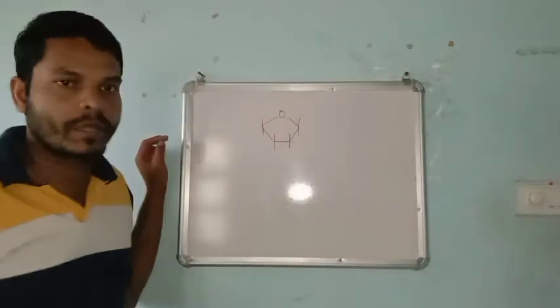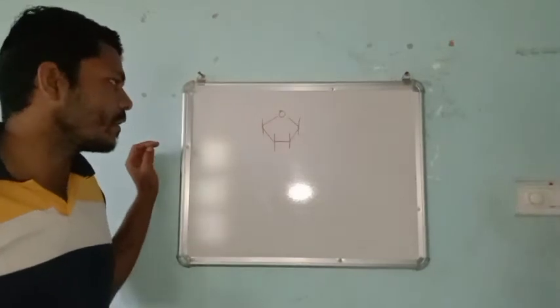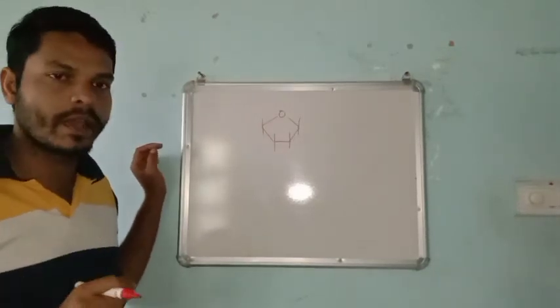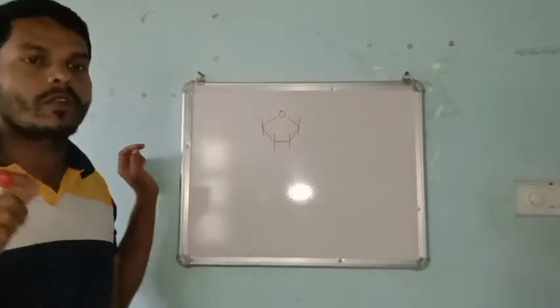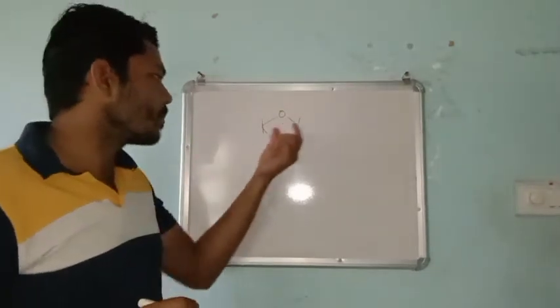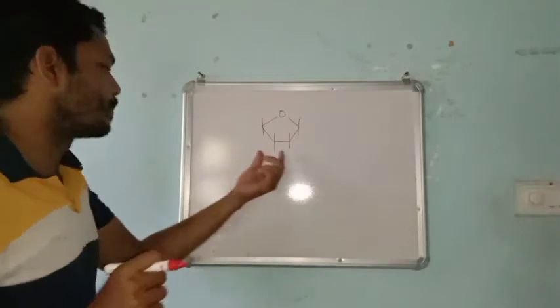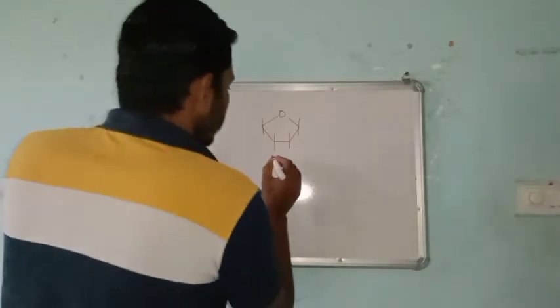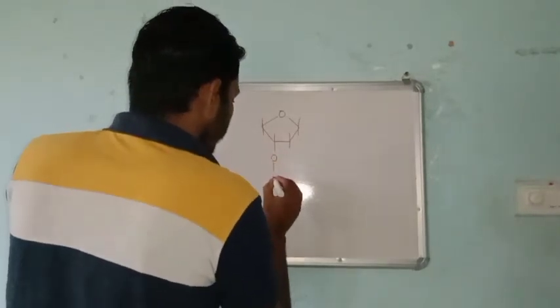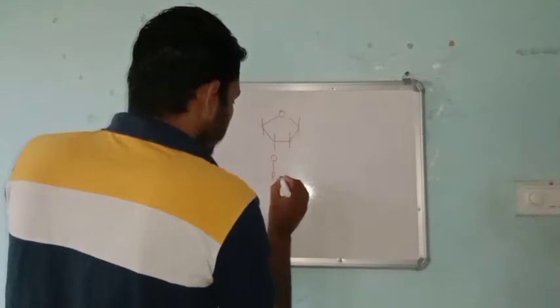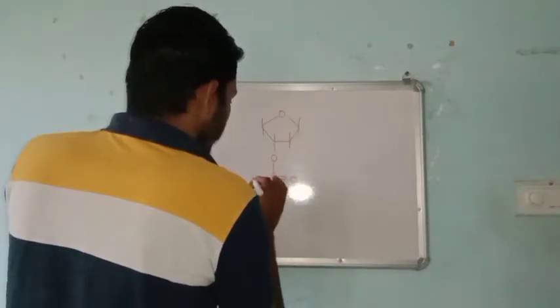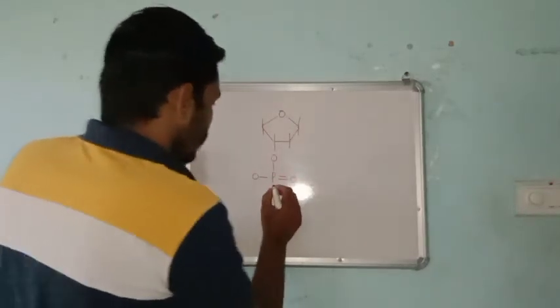right? And here in a nucleotide, we must have everything. That means not only sugar and base, we must have phosphoric acid also. So O, P double bond O, a conjugated bond, right?